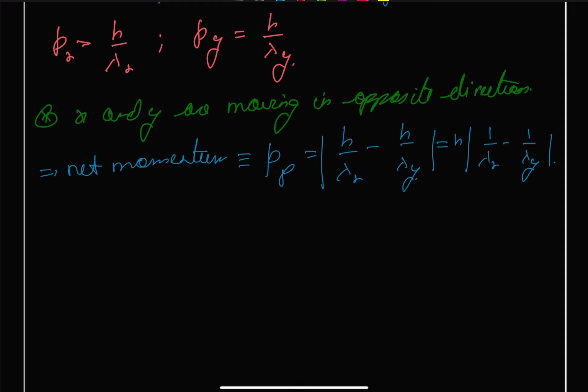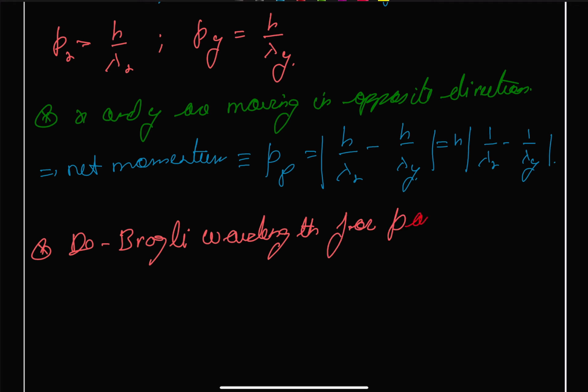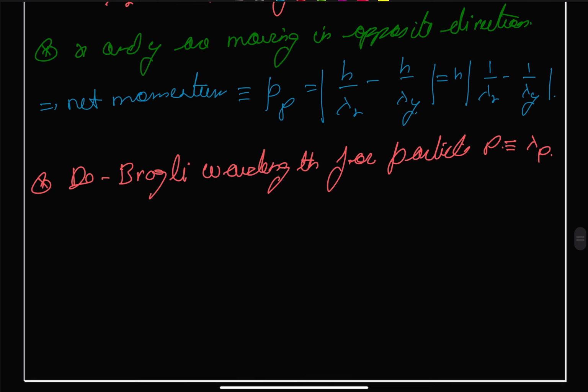And so for particle P, you can say de-Broglie wavelength for particle P, let us call this lambda P. So we can write our lambda P is equal to h upon momentum of P, which can be written in terms of lambda as 1 upon the magnitude of 1 upon lambda x minus 1 upon lambda y, which we can take as LCM.